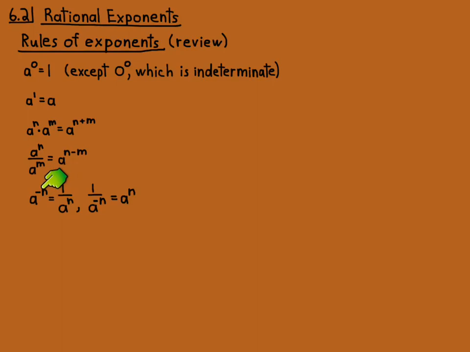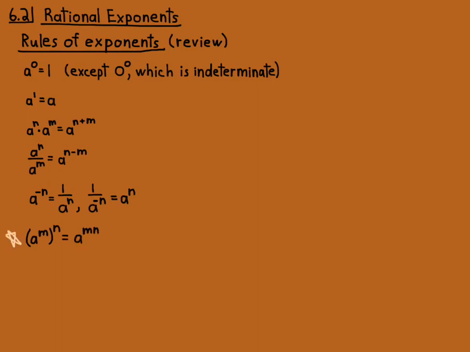Denominator to numerator, because that's over 1, right? The exponent changes signs. And if you move something from the denominator to the numerator, it changes signs. So moving something from the denominator to the numerator changes signs, and moving something from the numerator to the denominator changes signs. Right? You can read this either way. That's all those rules say.